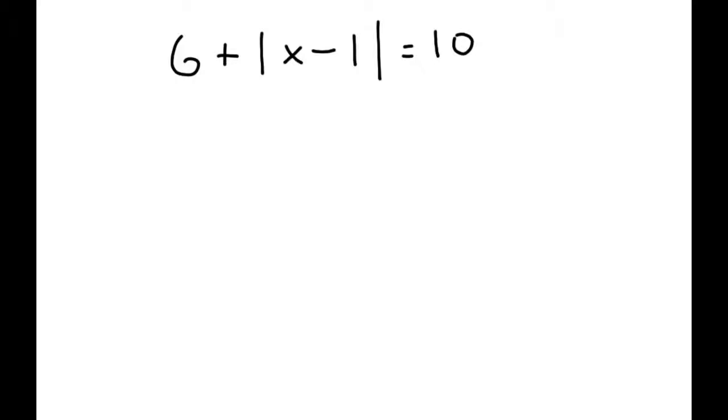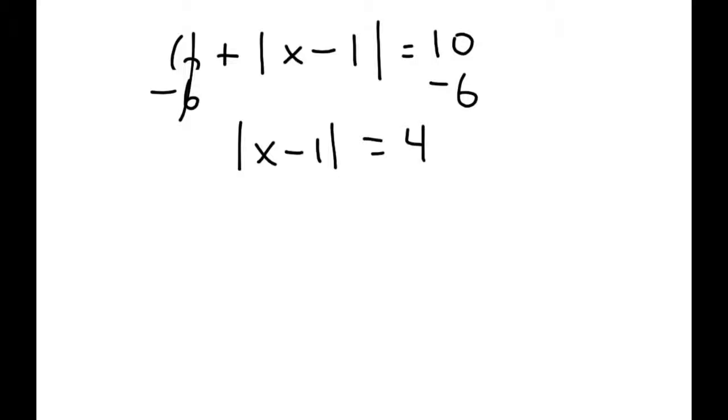Alright, so now I have, once again, something outside of the absolute value symbol. I've got to get rid of that first. So I'm going to subtract 6. That cancels that. I get the absolute value of x minus 1 equals 10 minus 6, which is 4.